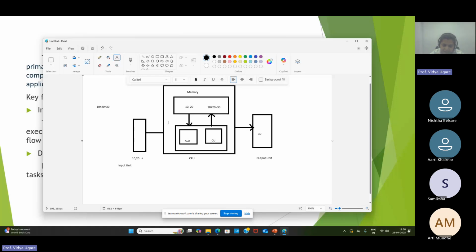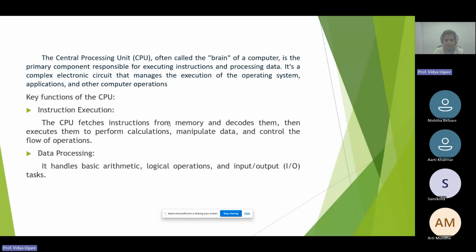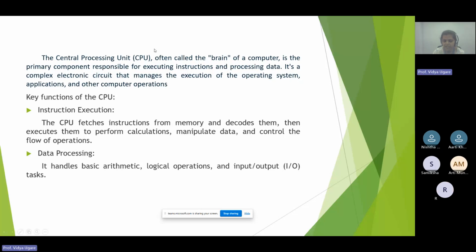But when we give 10 plus 20, or let's say 56,888 plus 60,868, any number, from a simple number to a complex number, and not only mathematical calculation, any task you give to a computer, it executes everything in an instruction execution cycle, in which any instruction that comes to the computer is going to be decoded.